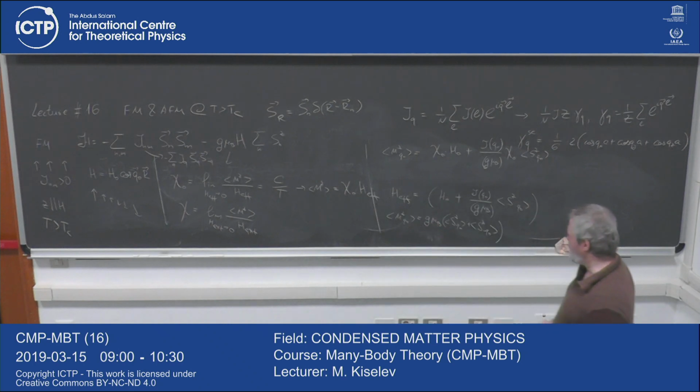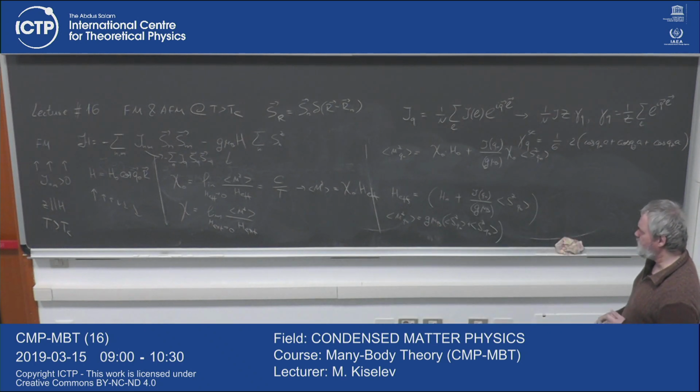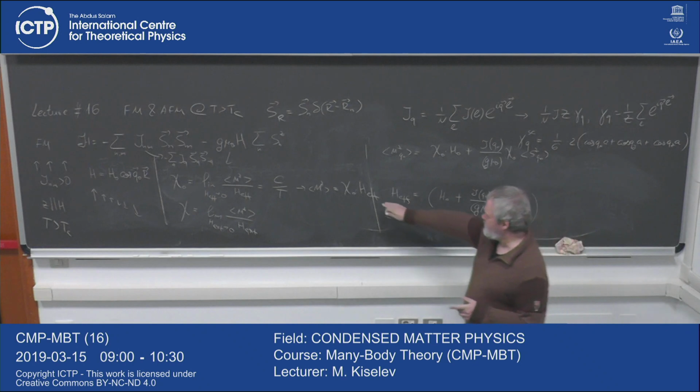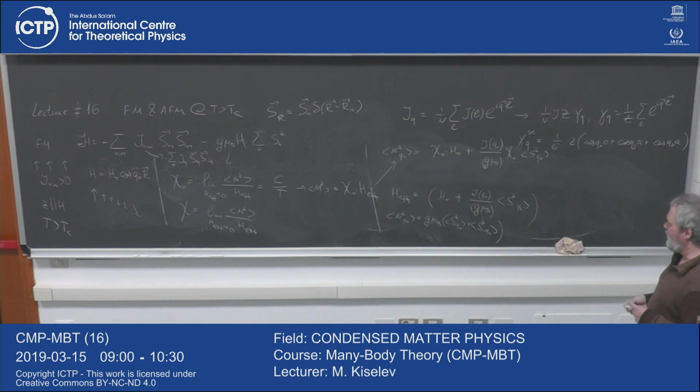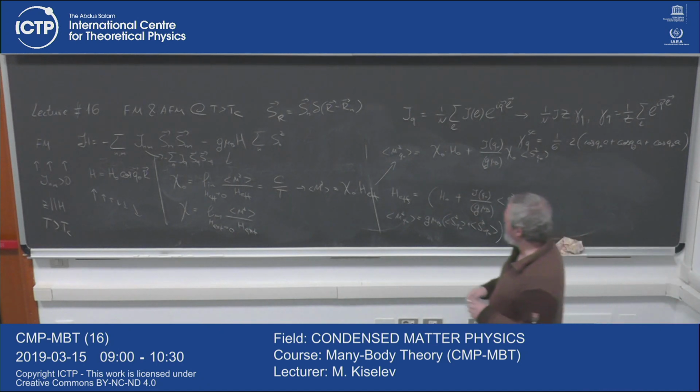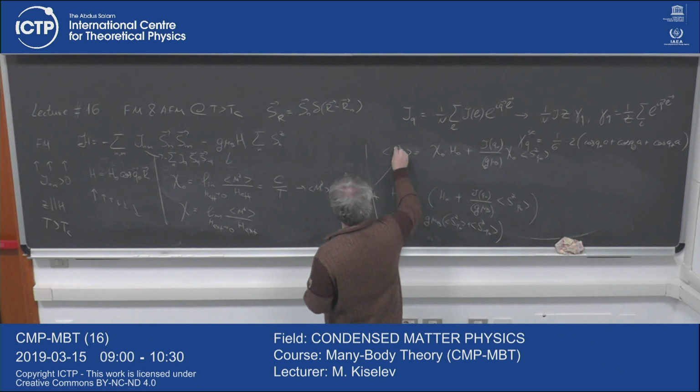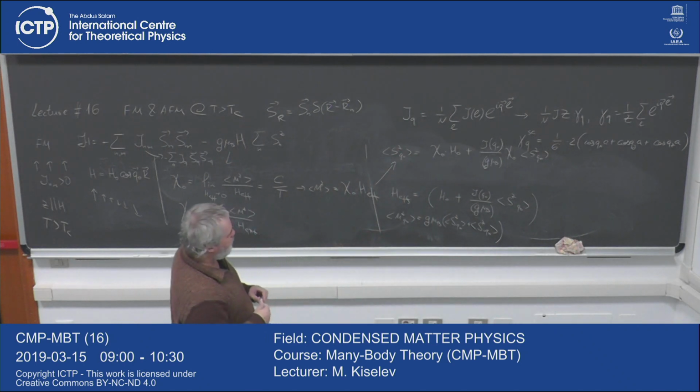Well, let's wait. So what I wrote here is just this identity. Effective field is here. And let me even put zq node.